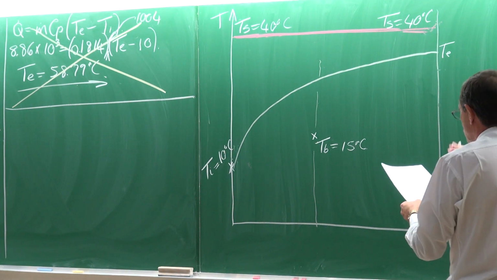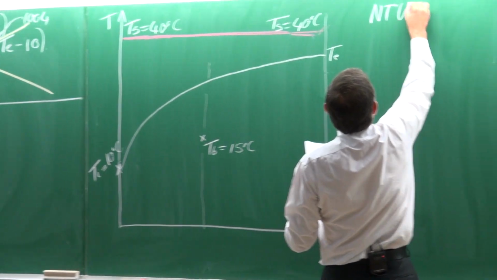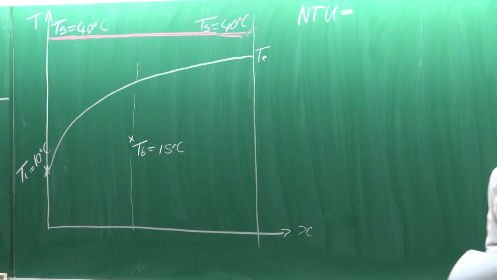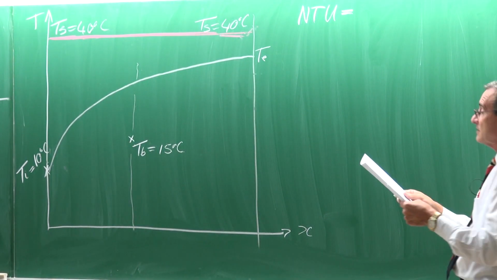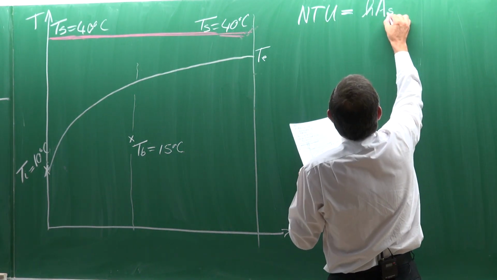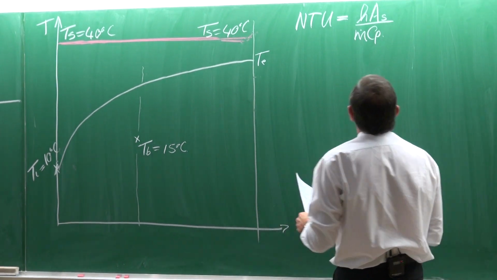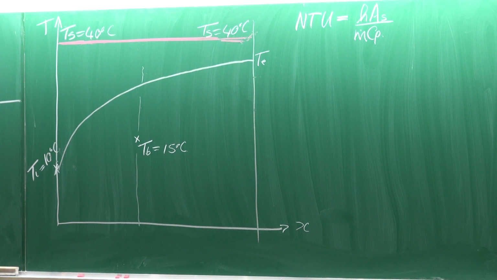So, let's correct it. I would like to first also calculate the NTU, the number of transfer units. It's equal to the heat transfer coefficient multiplied by the surface area divided by the mass flow rate and the CP.